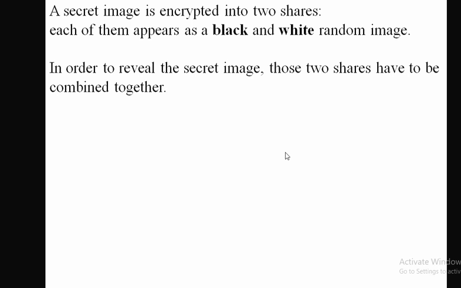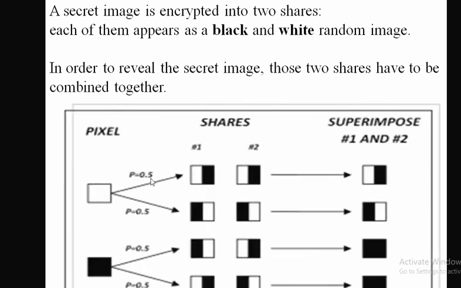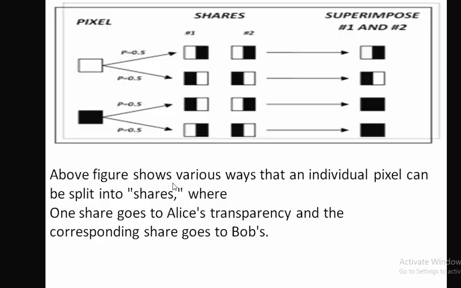One is white, another one is black, as we have just discussed. The above figure shows various ways that an individual pixel can be split into shares: image 1, 2, 3 and 4. One share goes to Alice's transparency and the corresponding share goes to Bob's. After both images are matched, you will get the original message.